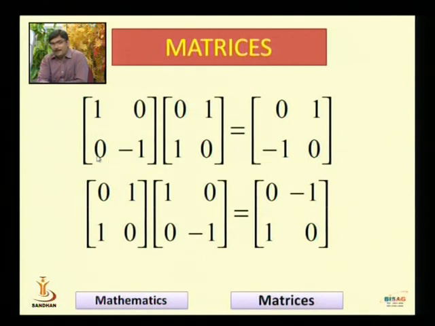It is obtained by multiplying the second row with the first column, and you will get the result to be equal to -1. And similarly, the last entry is found by multiplying the second row with the second column, and you can see that the sum is equal to 0.